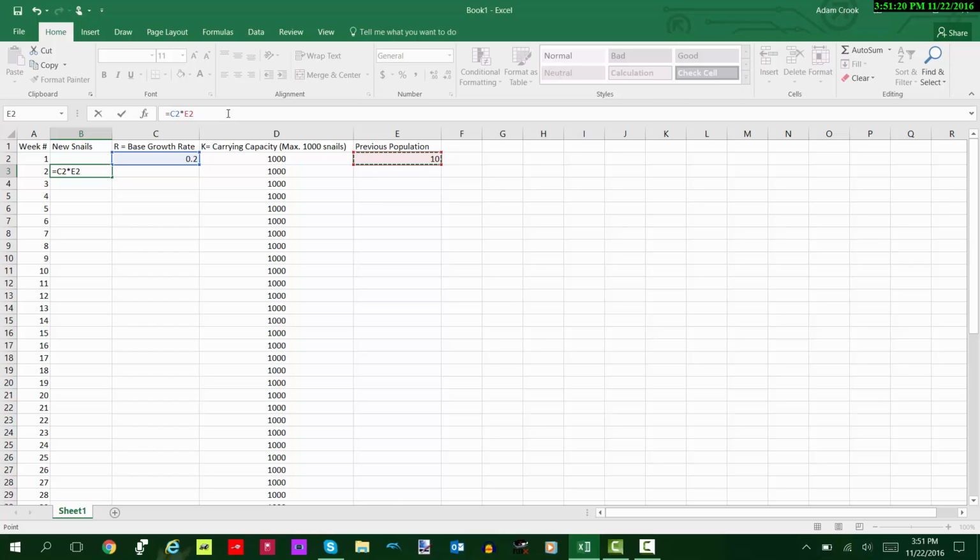No, parentheses. 1 minus 10 divided by 1,000, 10 divided by the K. 10 as the previous. So 1 minus 10 divided by the... I'll put another parens here. Hold on a minute. 10 divided by 1,000.